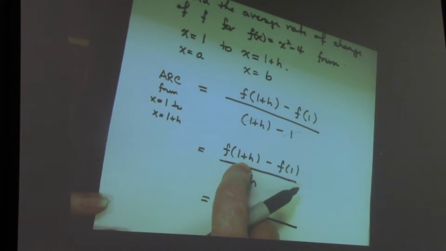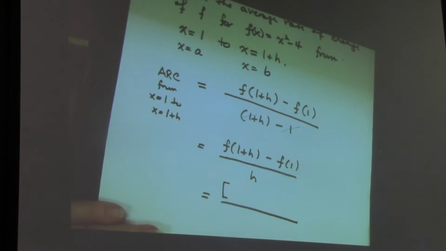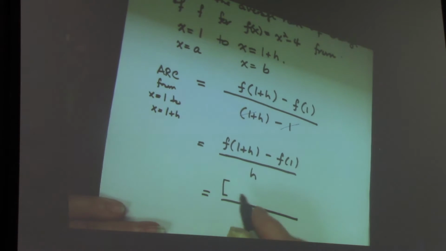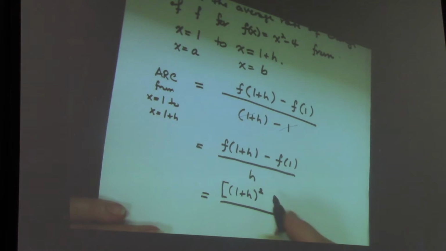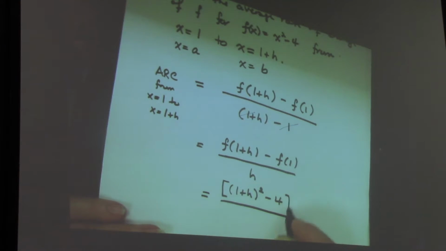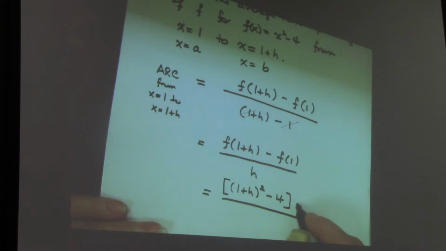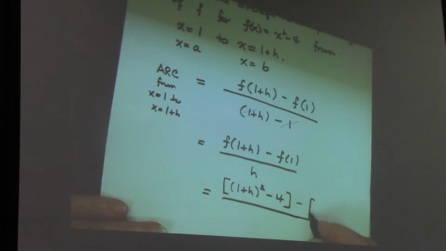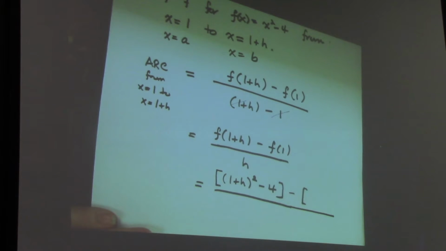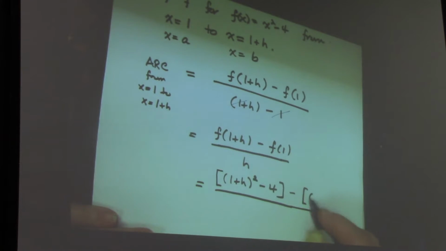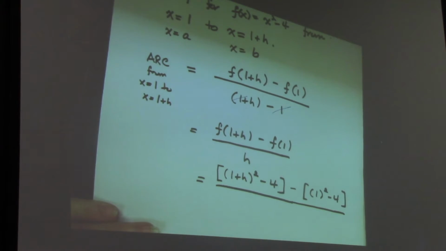What is f of the quantity 1 plus h? So (1 plus h) squared minus 4. Minus, what's f of 1? So 1 squared minus 4. That's just a number. And that's all over h.